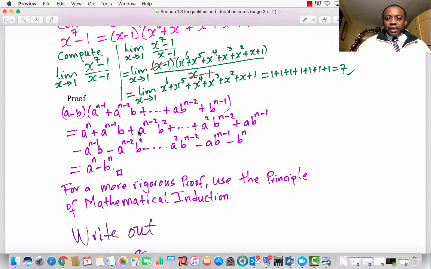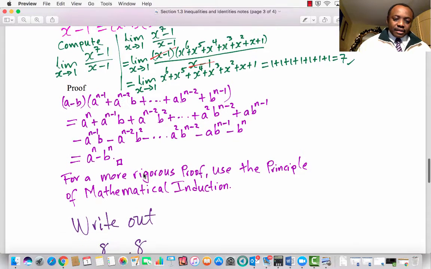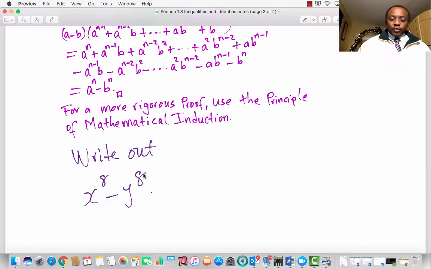Same thing with a raised to the power n minus 2 times b squared, it cancels out with this, and so on and so forth, and I'm left with a to the n minus b to the n. So that is a very easy way to verify the difference of powers formula, but we can actually provide a more rigorous proof using the principle of mathematical induction. So I'll leave that for you to write out. x to the 8 minus y to the 8: of course, it will be x minus y times, go ahead and finish that up.